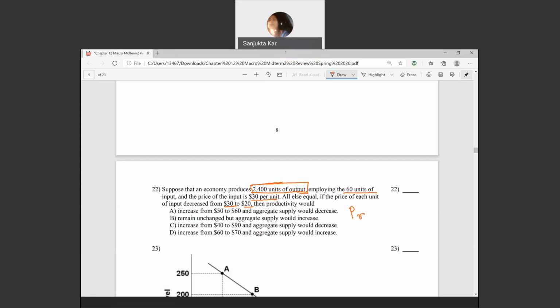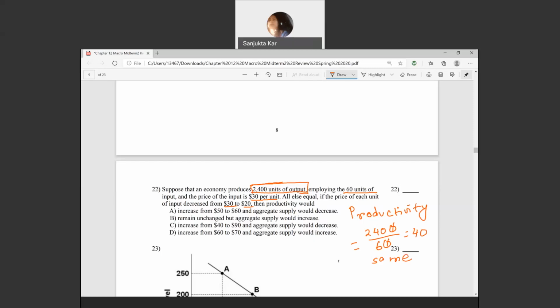So how would the productivity change here? My productivity is 2400 over 60, which is equal to 40. So basically the productivity is going to be the same because it did not say that the amount of input is changing. But what happens to the aggregate supply curve?